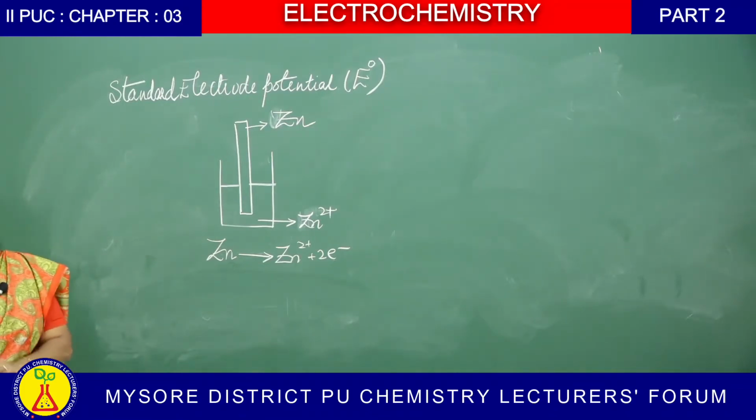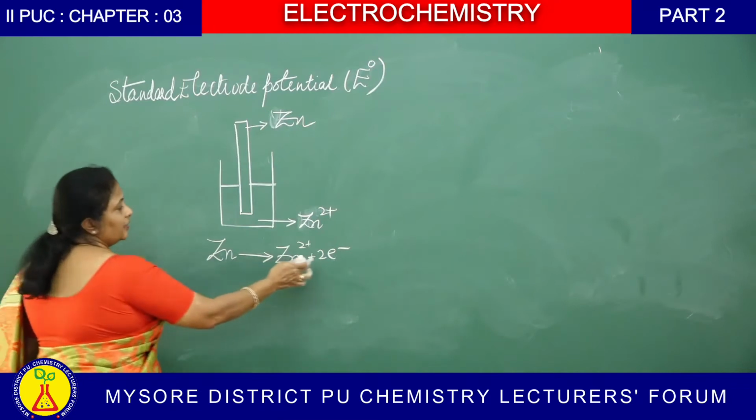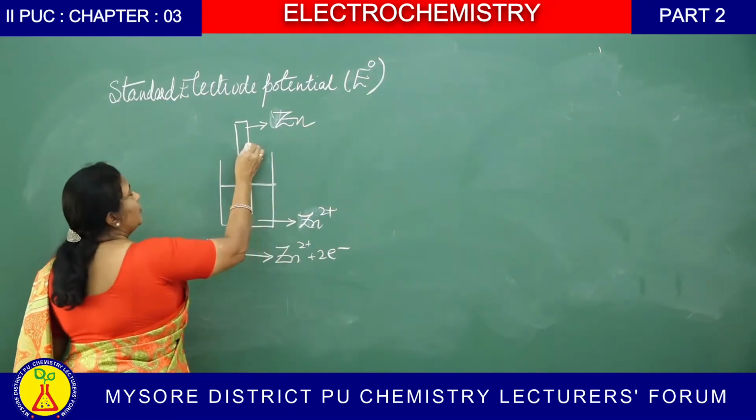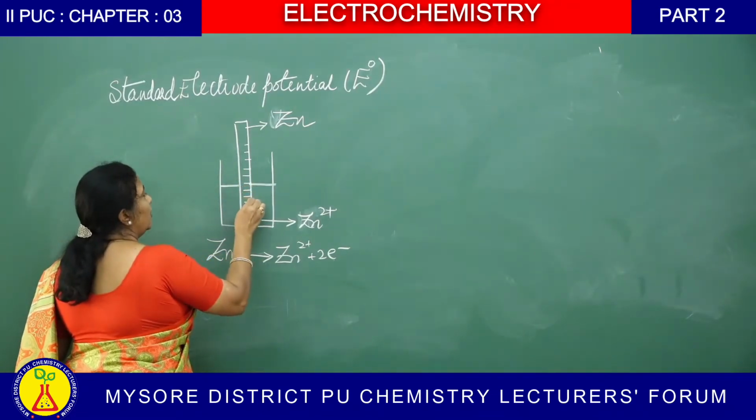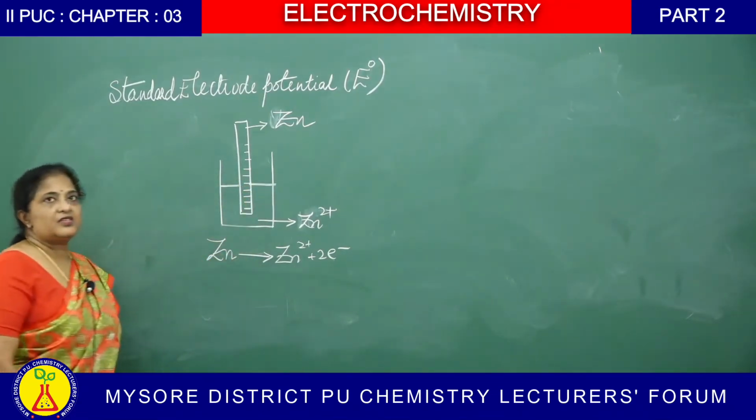In that case, you have the electrons left behind, so on the surface you have the accumulation of negative charges.